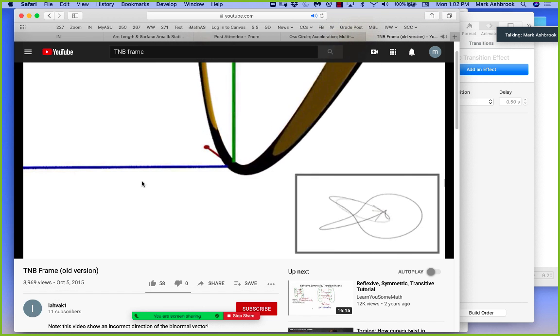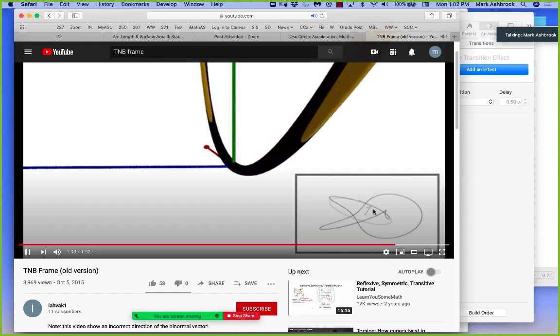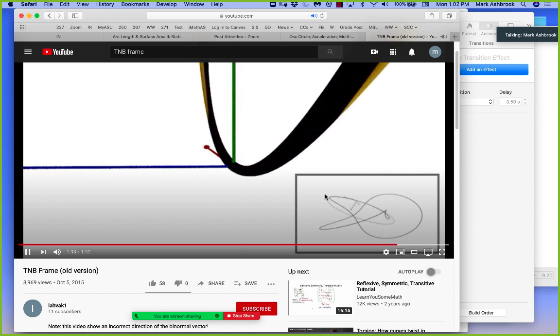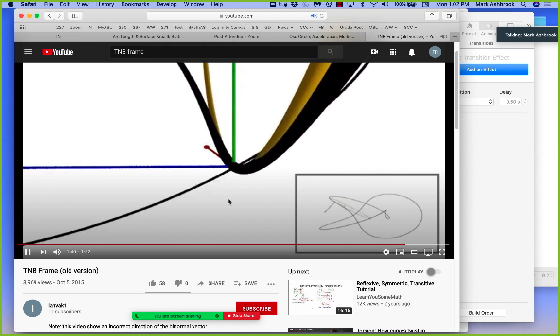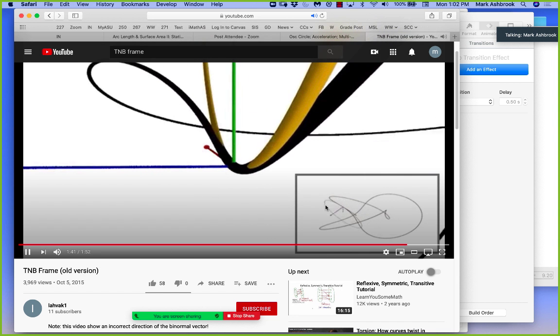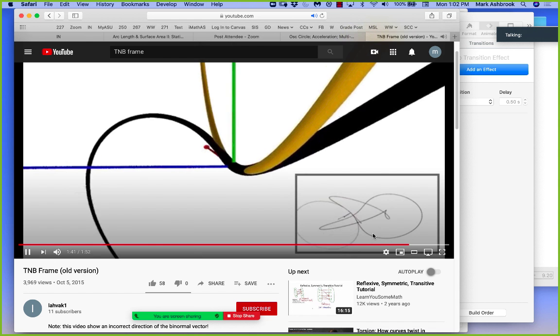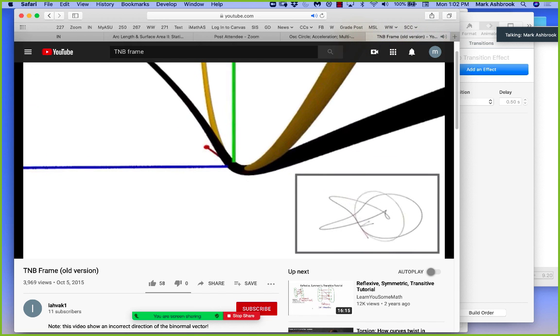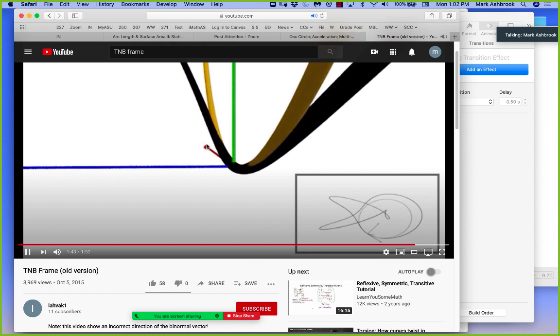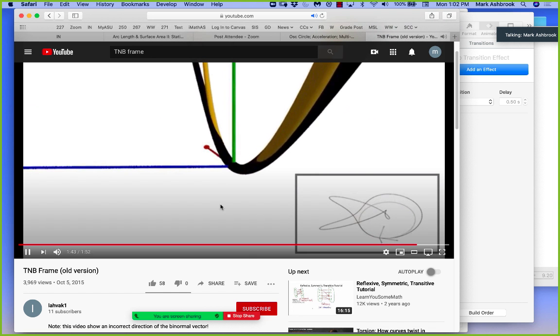So this is the curve, and here we are on the curve over here. They're adjusting the curve so that T is always straight ahead, N is always straight up, turning, and then B is always to the left. So following this curve around and manipulating it so we always have this relative to the object, these vectors stay stationary.